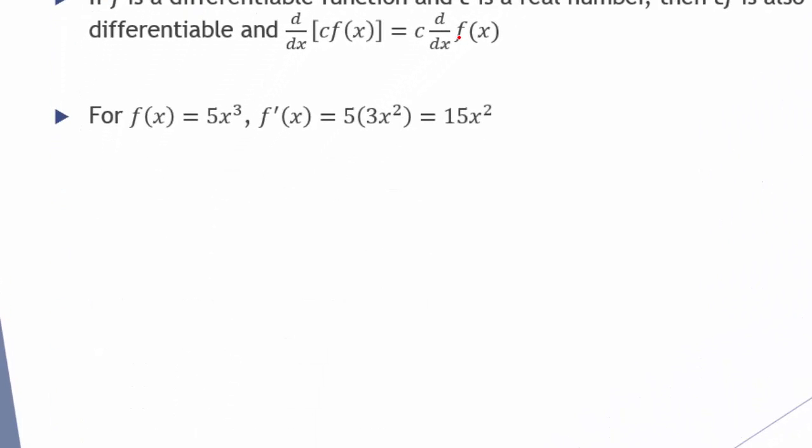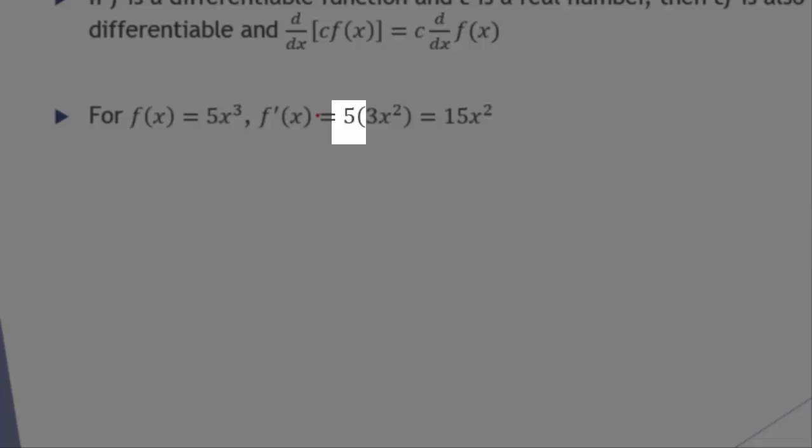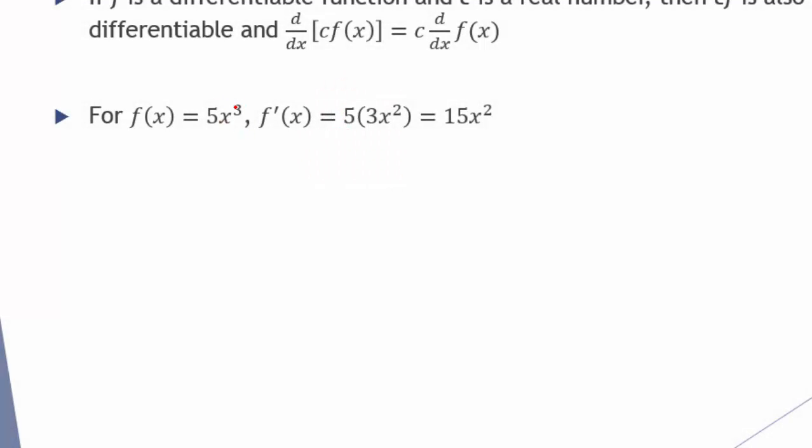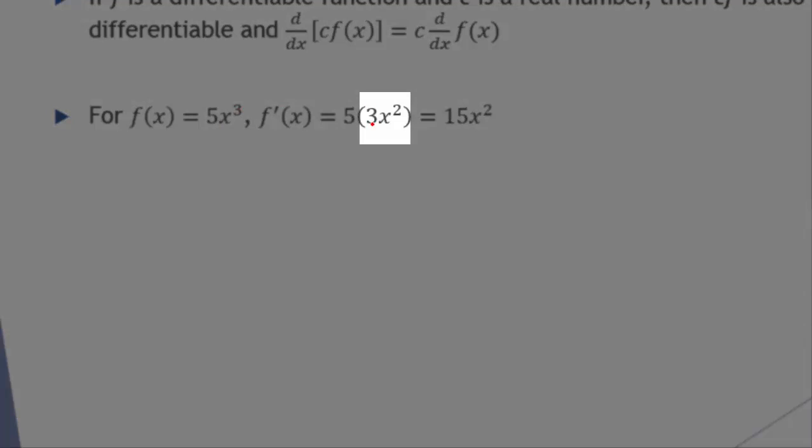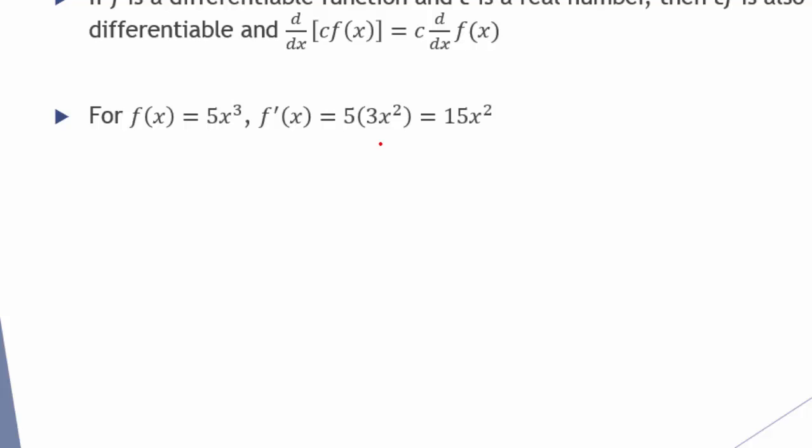So in other words, if you wanted to take the derivative of f of x equals 5 times x cubed, you can leave the 5, the constant, out of the derivative and just take the derivative of x cubed. Well, the derivative of x cubed is 3x squared. Then you would simplify by taking the 5 times the 3 and writing 15x squared.